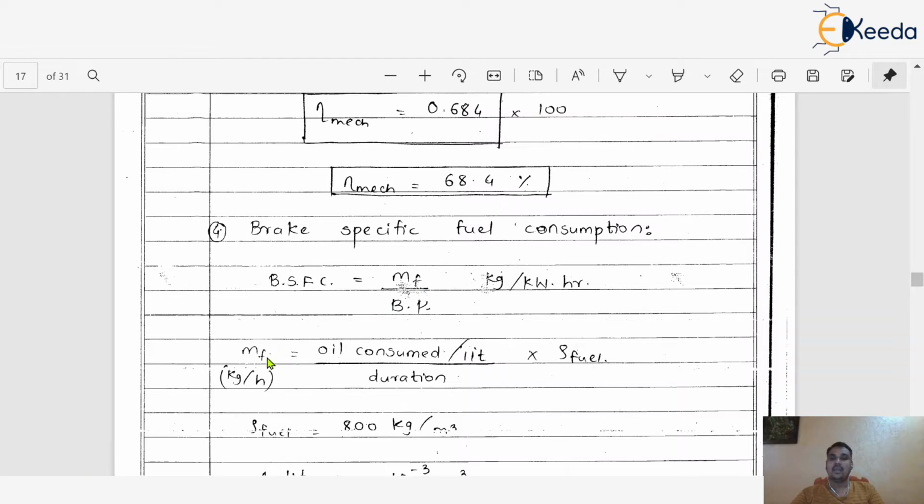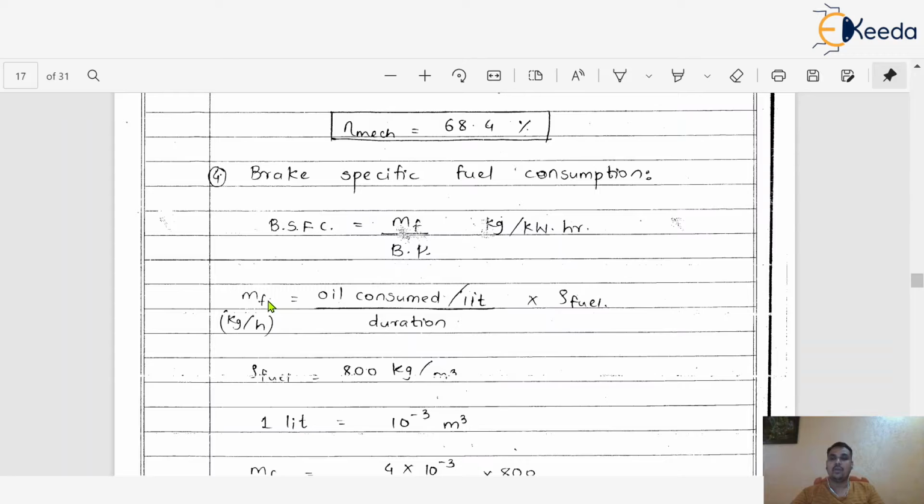Again here we have the standard formula for the mass of fuel in terms of kg per hour: oil consumed in liters divided by its duration, into the density of fuel. With the help of this formula, we can calculate the mass of fuel. I am repeating this formula: oil consumed in liters divided by duration, into density of fuel.